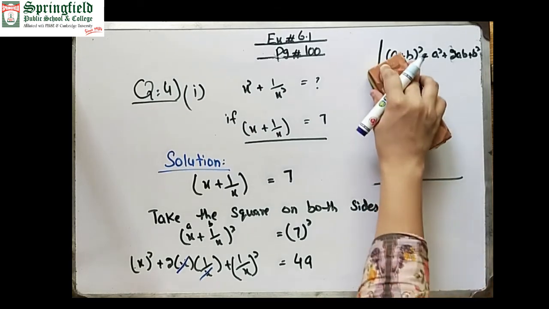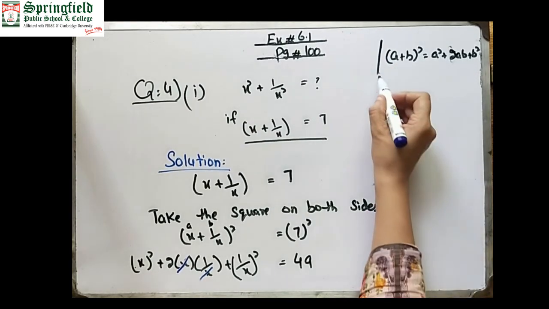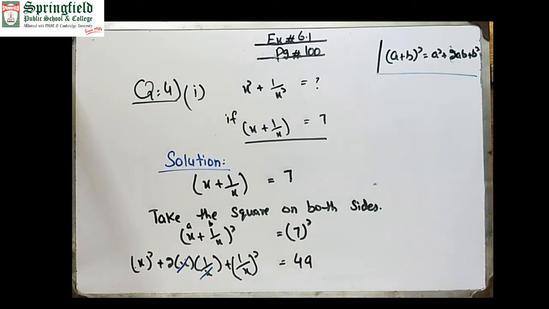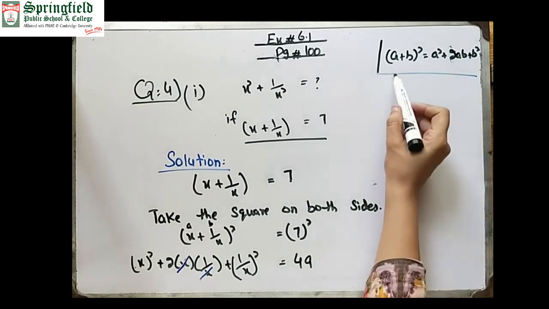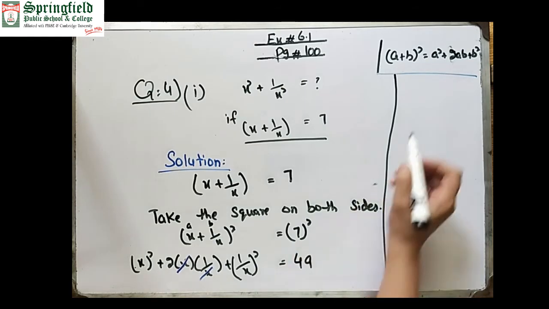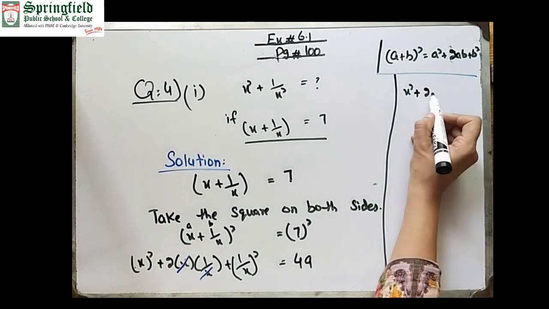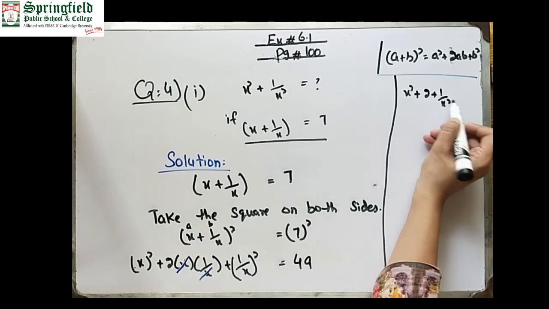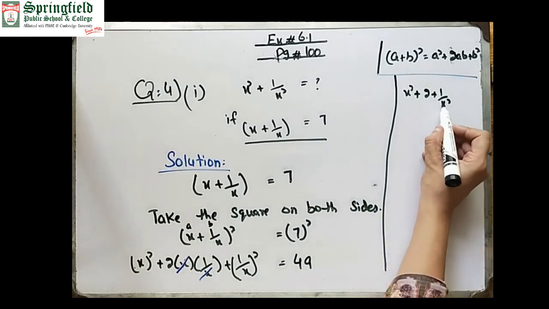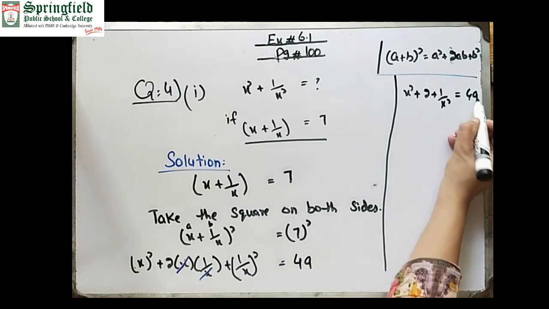Now what will be the final solution? So x square plus 2 plus 1 by x square, these are the left, is equal to 49.